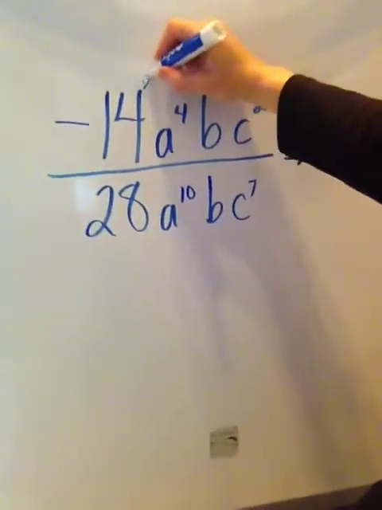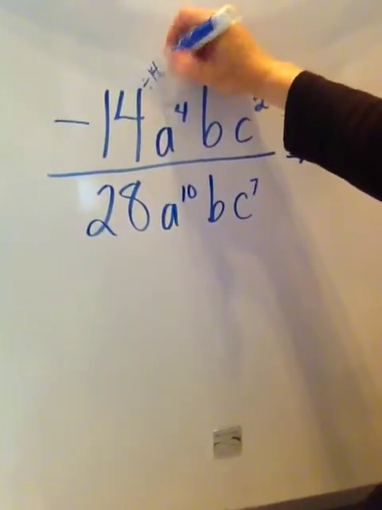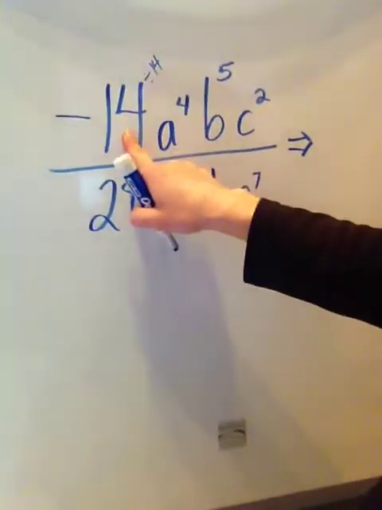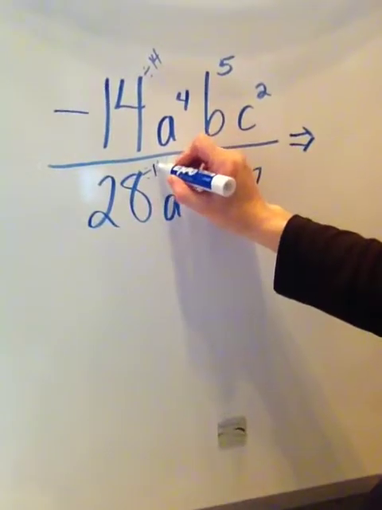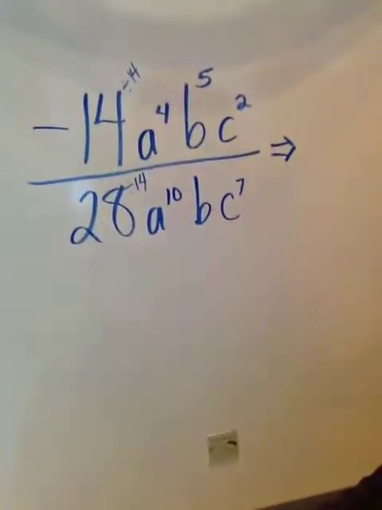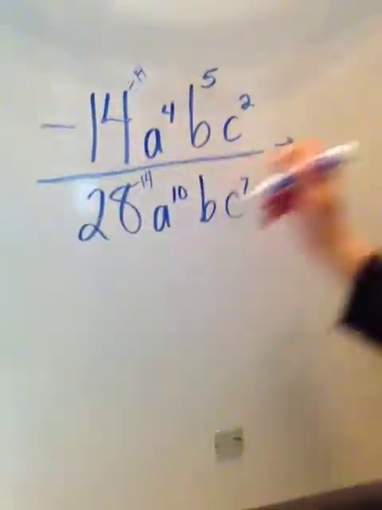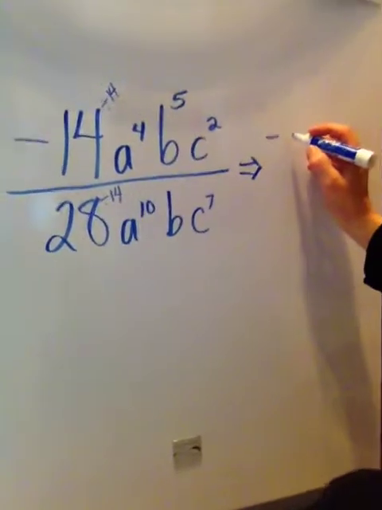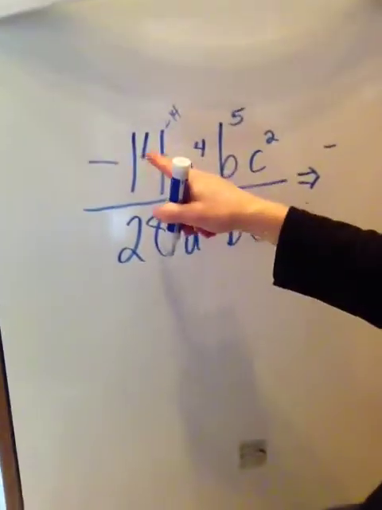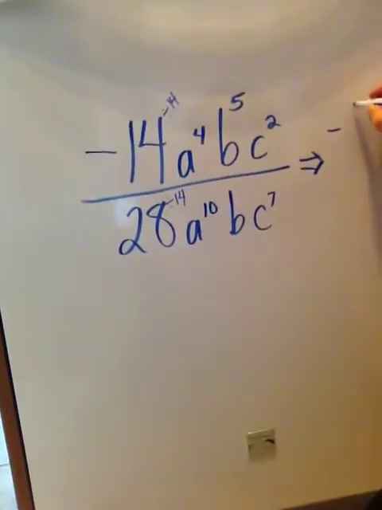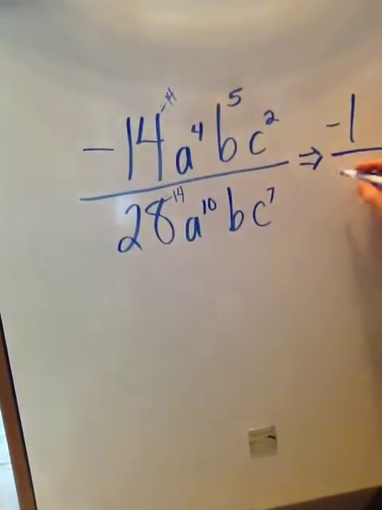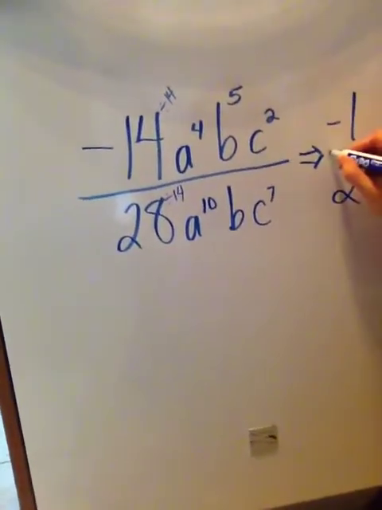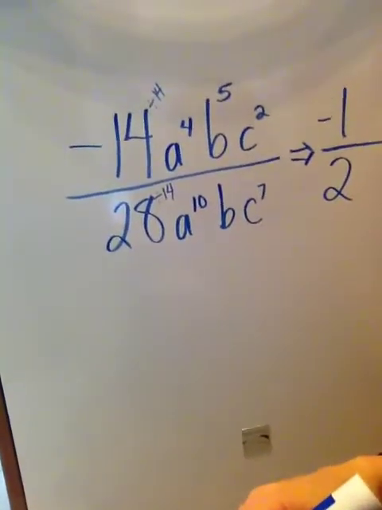But like I said, it's really good strategy to take the smaller number and see if it will divide into the larger number evenly, and then use that as your reducer. Okay, so I'm not going to forget my negative. And then I did 14 divided by 14. That will give me 1. Downstairs I did 28 divided by 14. That gives me 2. And now I'm ready to move to the variables.